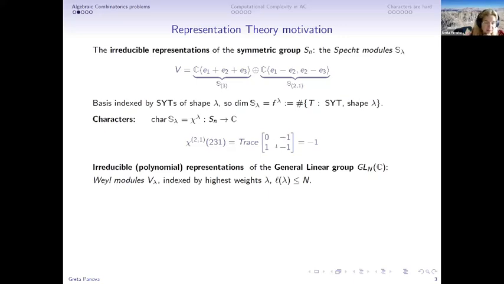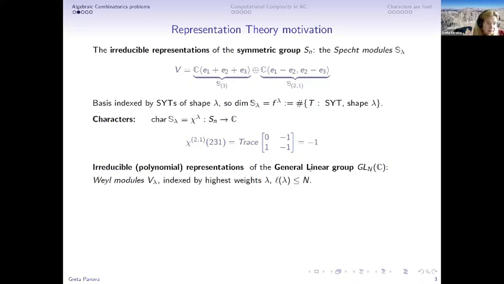And the counterpart of the story is the general linear group. There, the irreducible modules are the Weyl modules. They're also indexed by partitions, but they're called highest weights because they're not a partition of a fixed number, but they can be arbitrary size, except that the number of non-zero parts is bounded by this n.